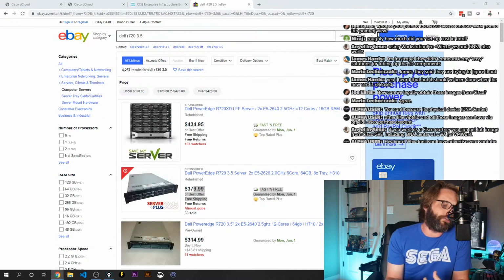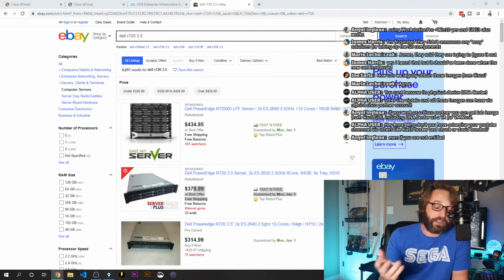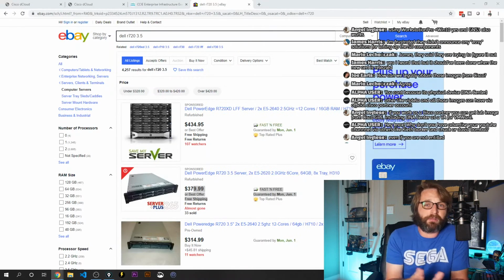I love this question from James Harris. Who even runs SD-Access? I've never seen it in the real world, and I support lots of customers. That's a great point. Not many people are running SD-Access yet, and if you post on Reddit communities like CCIE, the ones that are running SD-Access are doing it at a very limited scale. So if you buy a Catalyst 9K device, you are required to buy a DNA Center license.